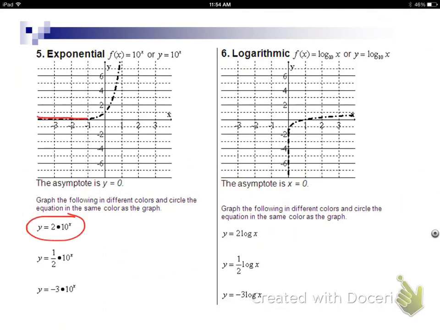Okay, here's exponential. And logarithmic.